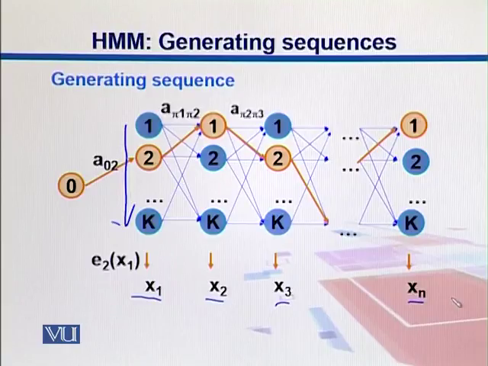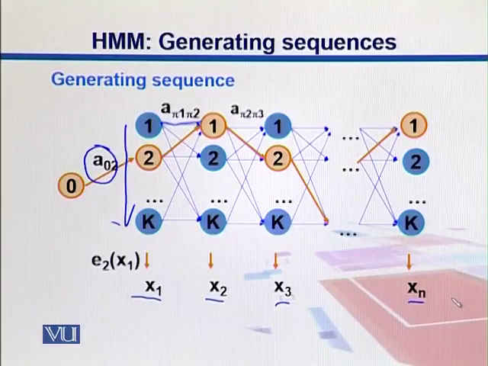So we can start from 0, or we can begin with state 2 with a probability of a0 2. From this first state we can change state and move into another state. A transition probability applies: you have pi 1 at position number 1, you have one state, and now you are moving into another state, so the transition probability applies. In the same way you can continue.